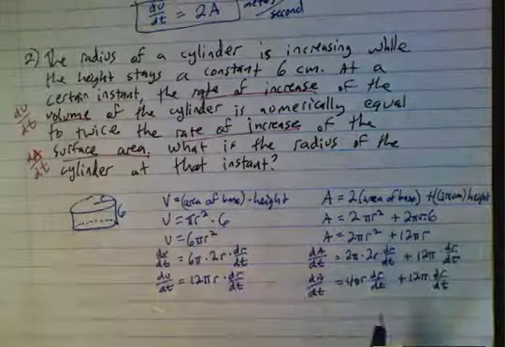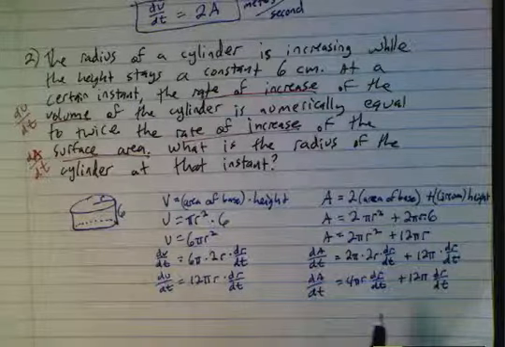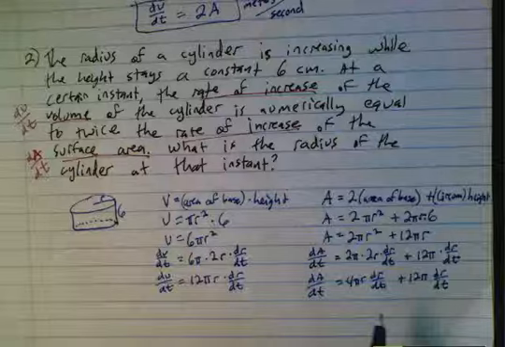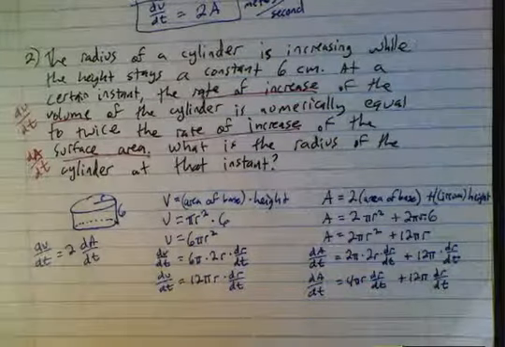Two equations, which is a little too much. So let's come back and look at what we're solving for. So we actually want to find the radius, so somehow we've got to get down to one equation with just an r in it. And we know that the dV/dt is twice dA/dt. So dV/dt equals 2 dA/dt.